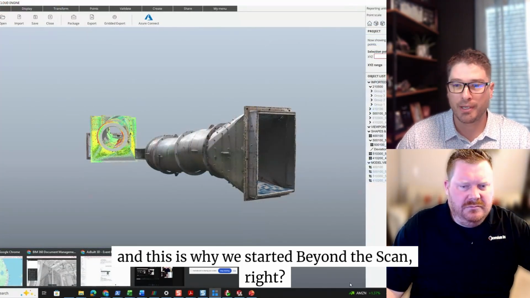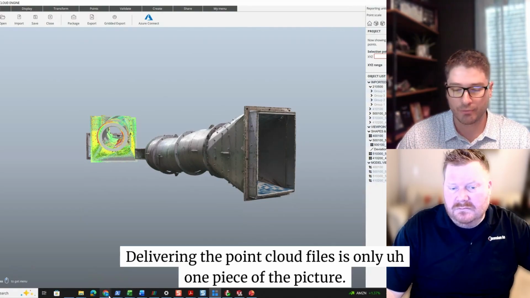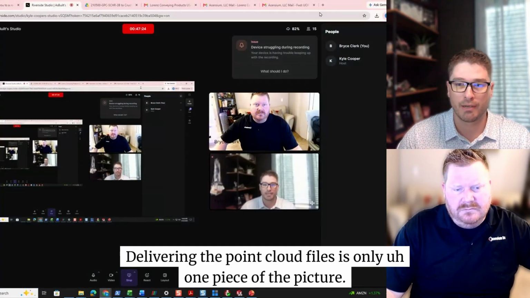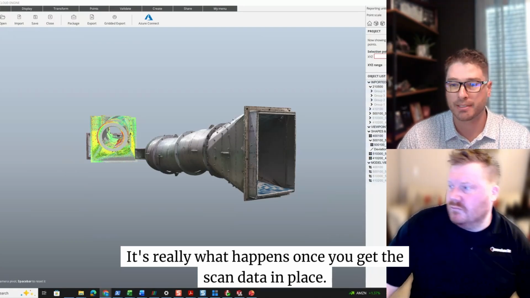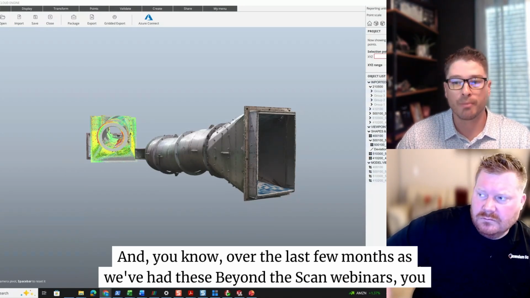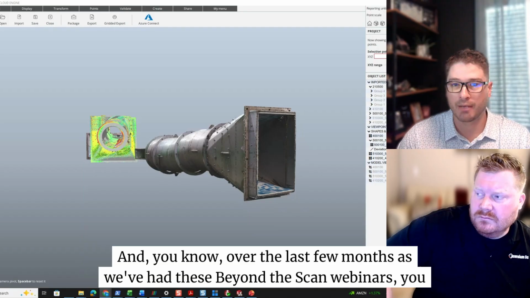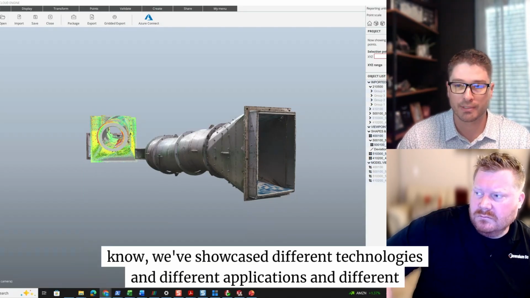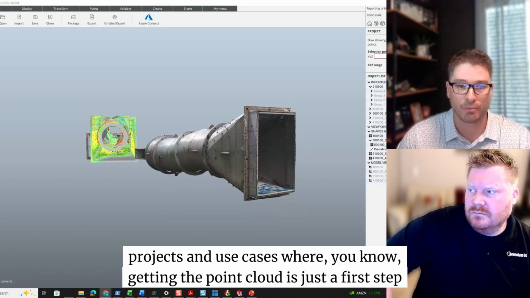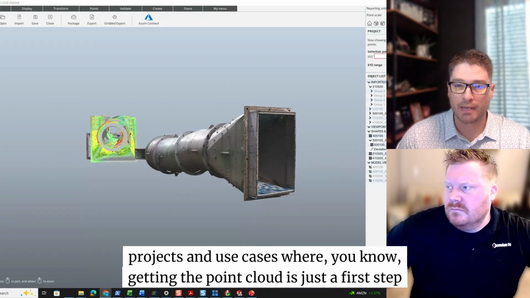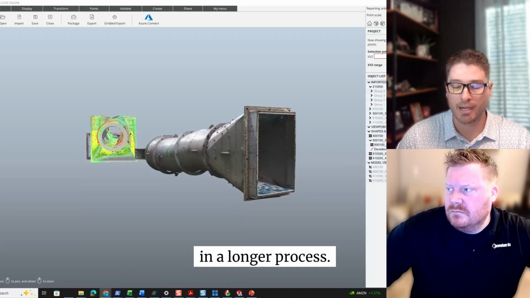And this is why we started Beyond the Scan, right? Delivering the point cloud files is only one piece of the picture. It's really what happens once you get the scan data in place. Over the last few months, as we've had these Beyond the Scan webinars, we've showcased different technologies, applications, projects and use cases where getting the point cloud is just the first step in a longer process.